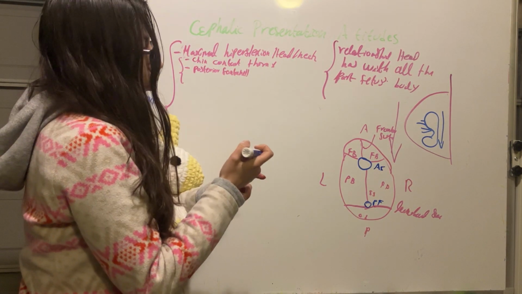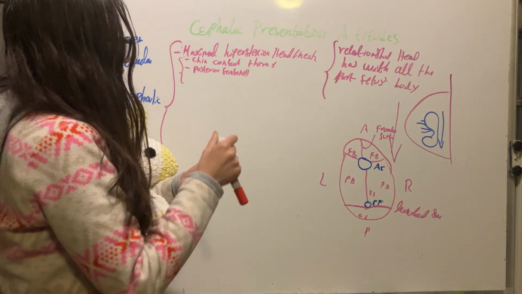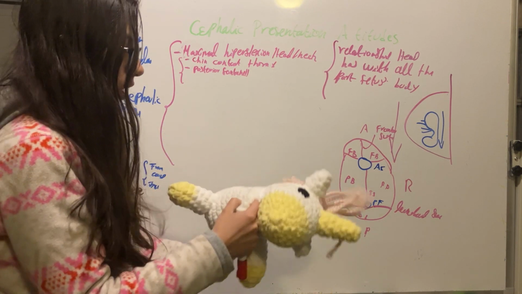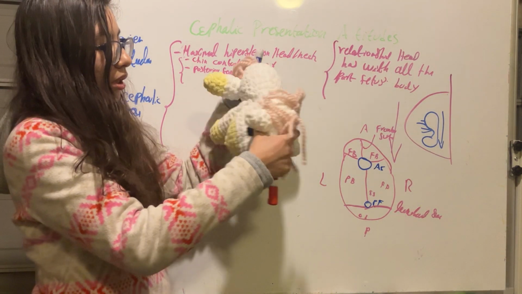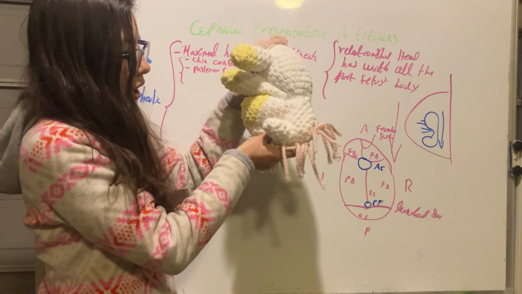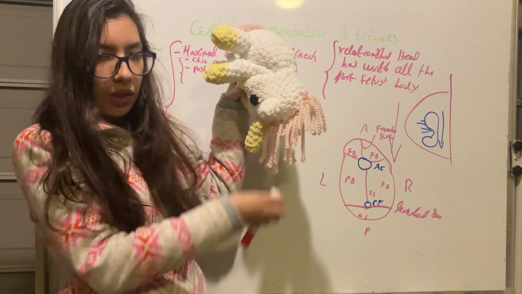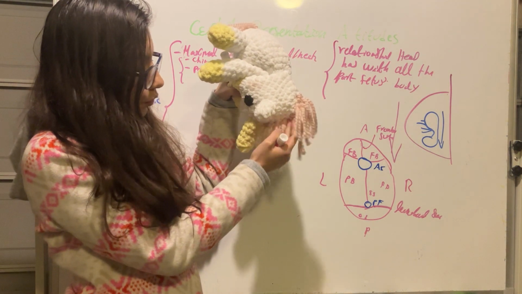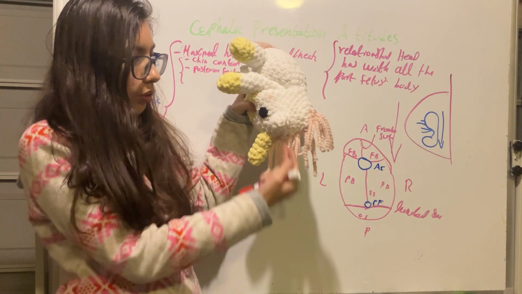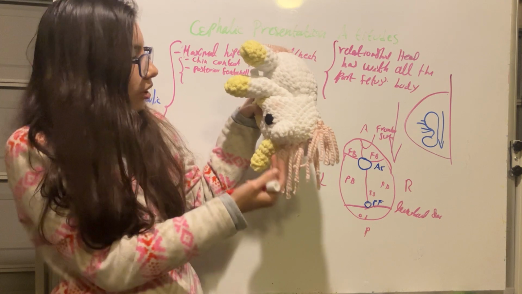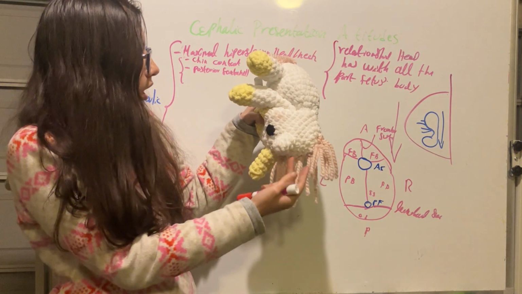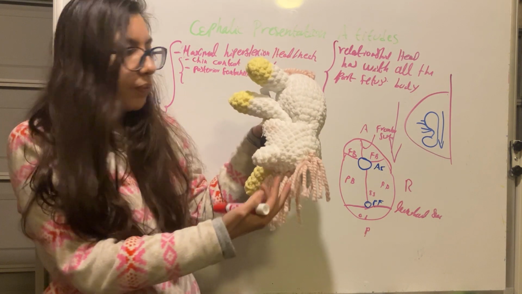So when we have the maximal hyperflexion of the head, what is presented is the posterior fontanelle. So when we do a vaginal exam, what we feel is the posterior fontanelle.